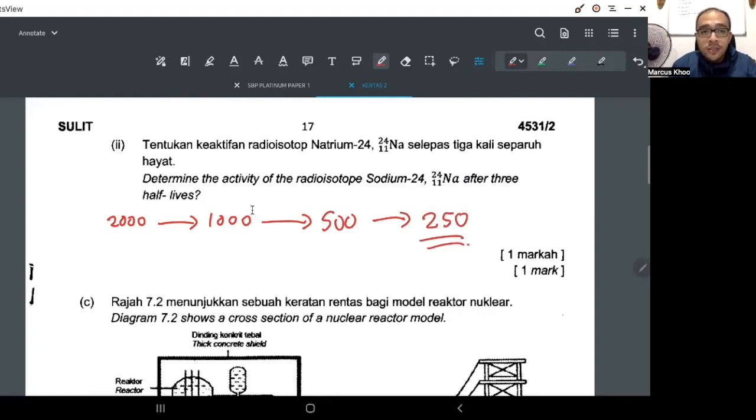Actually, there's no mark for this working at all. We just write 250 or so, as long as you don't write 0. Just remember there is no such thing as 0 activity. There will be 0.00000000001 activity, but 0 activity totally is out of the question.